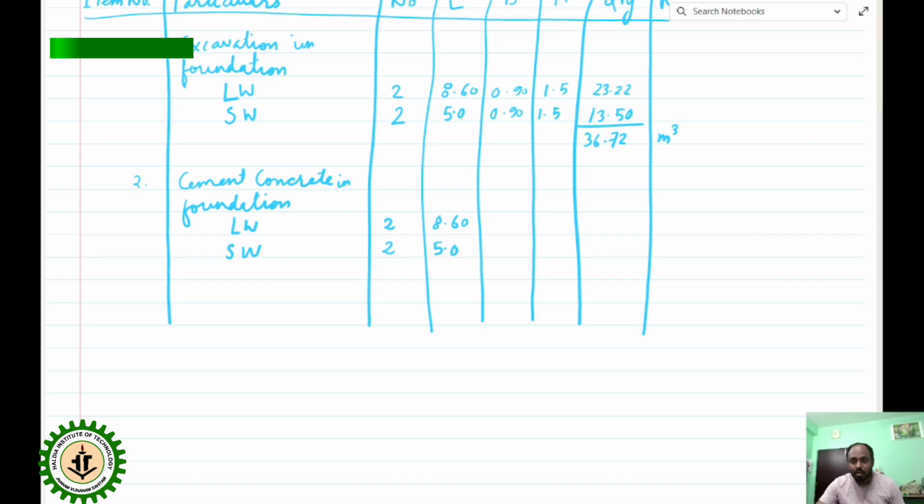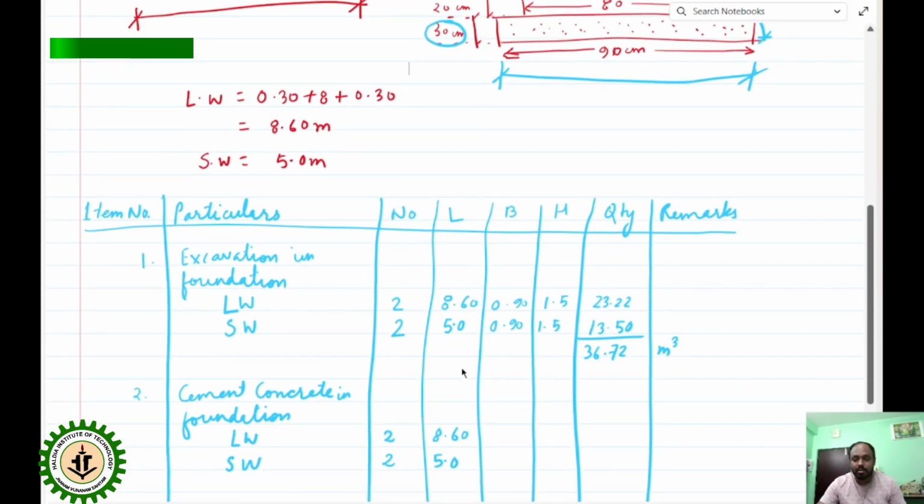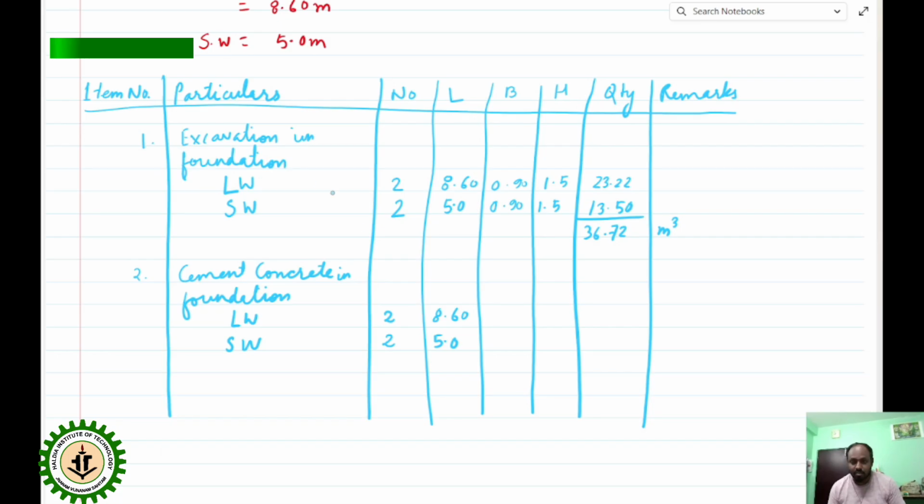Width we can see in the diagram for cement concrete, the width is 0.9 and the height is 30 centimeter, that is 0.3. So we will write it as 0.90, 0.90, and height is 0.30, 0.30.